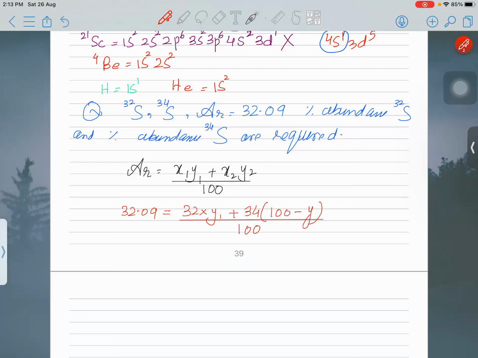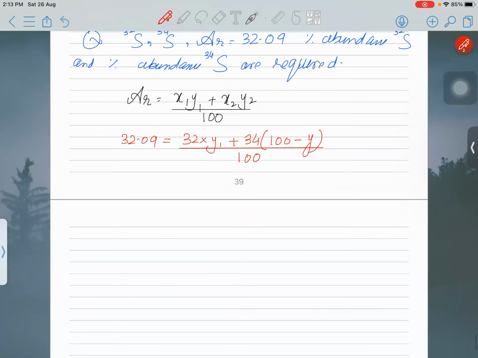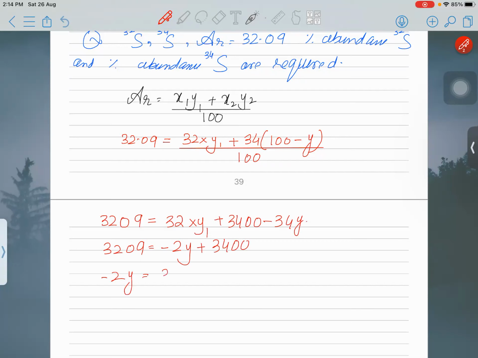You have to find the percentage abundance of both. So when you multiply 32.09 by 100, the answer is 3209. 3209 is equal to 32Y plus 3400 minus 34Y, so 3209 is equal to minus 2Y plus 3400. So minus 2Y is equal to 3209 minus 3400.